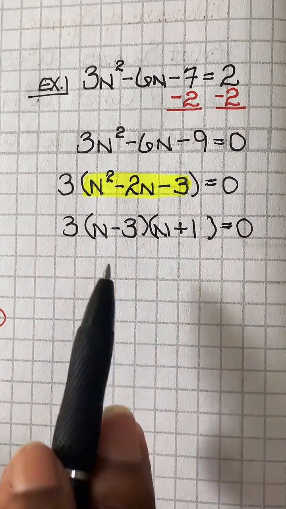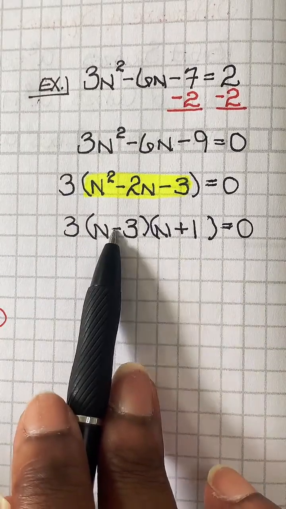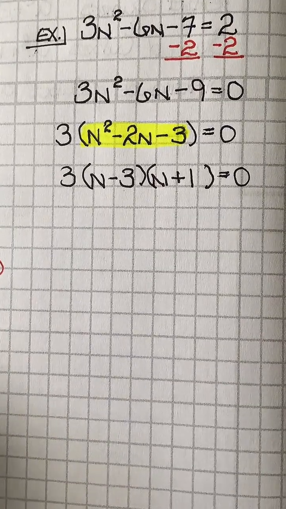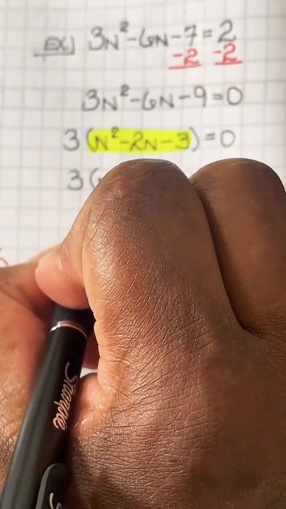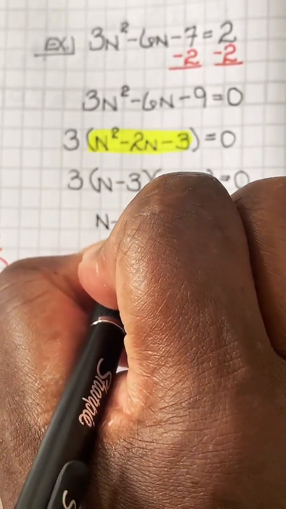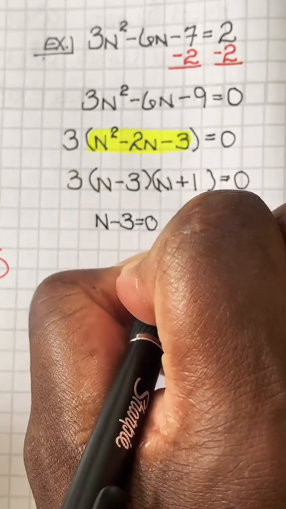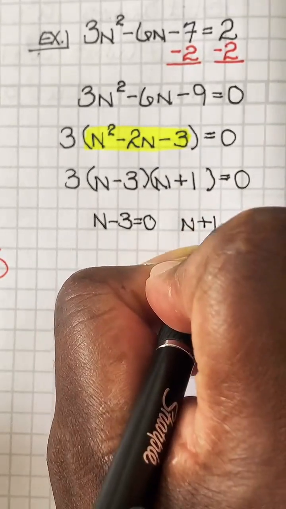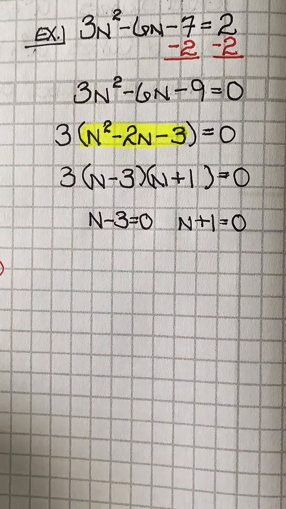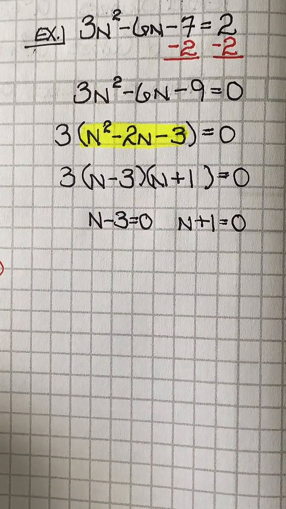So now we're going to set our parentheses equal to 0. Okay, that's where the zero product property comes in. So we have n minus 3 equals 0, and we have n plus 1 equals 0. All right, good.